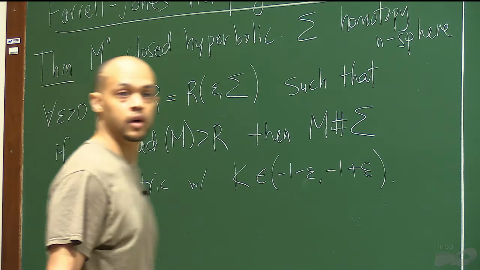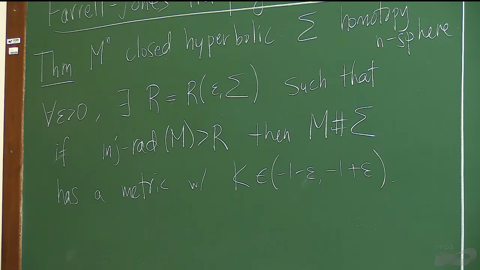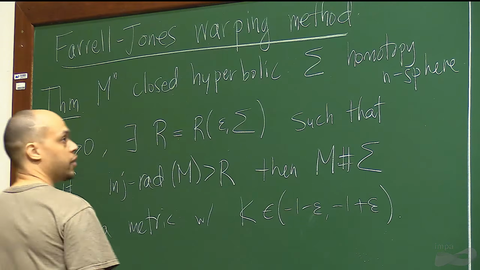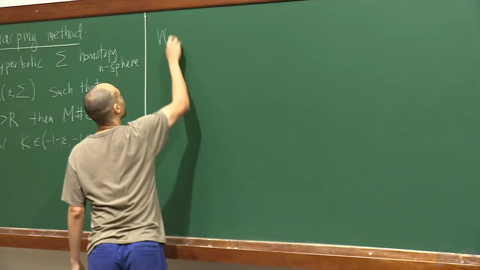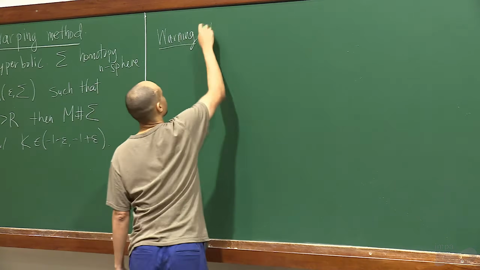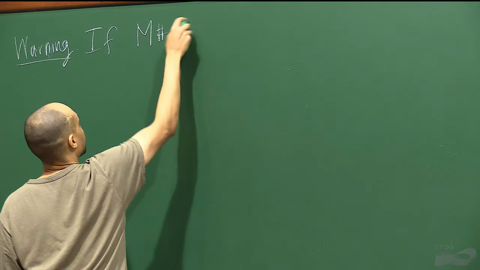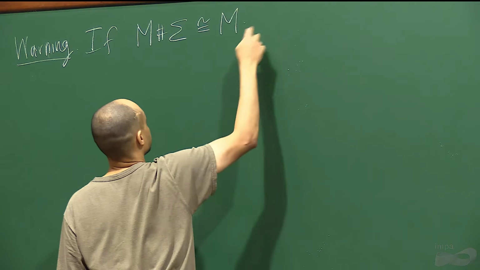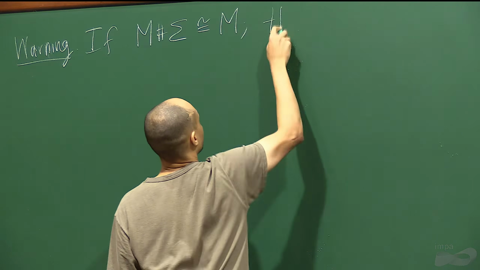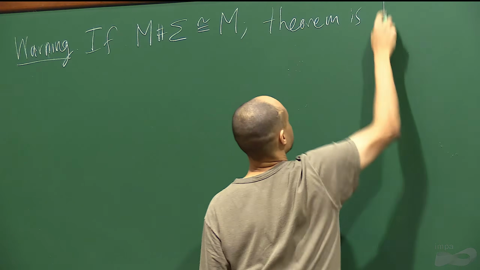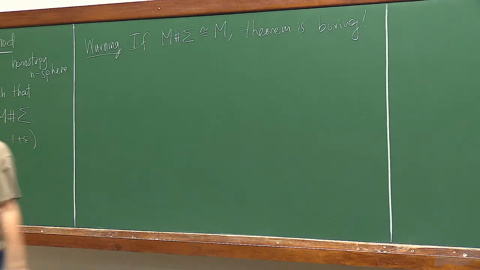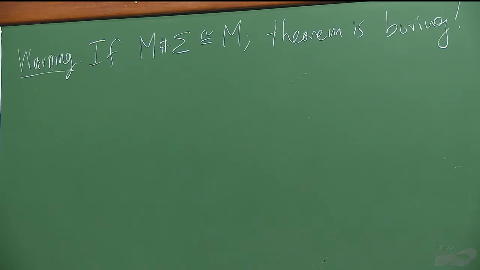Sorry, so yes? Here we don't have the n greater than 6. This will just be true whether it's hyperbolizable. Yeah, so let me first give a warning. That's a good comment. Well, if M connect sum sigma is diffeomorphic to M, then the theorem, I guess, is boring, because then you're already hyperbolic, and you already know you have a hyperbolic metric.